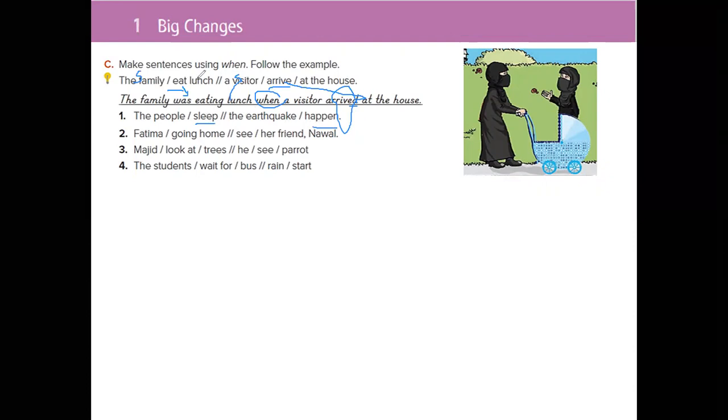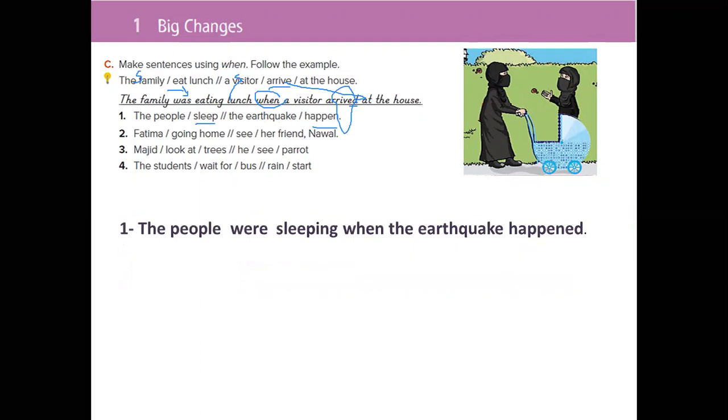Okay, the first verb will change it into past progressive tense and the second verb will change into the past form. We will say here, when the people, the people were sleeping when the earthquake happened.